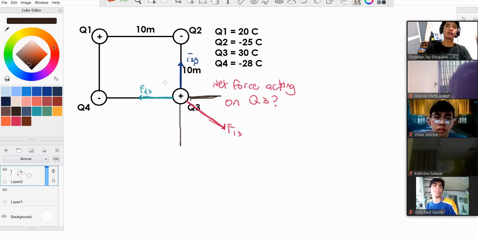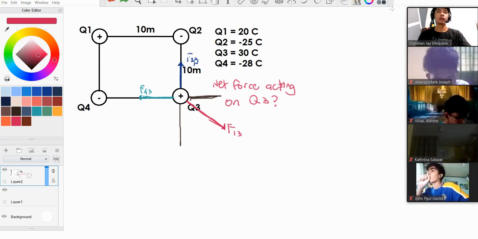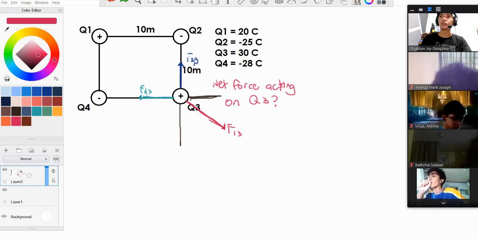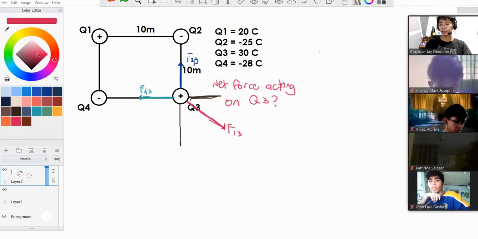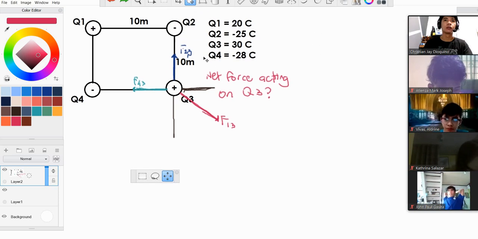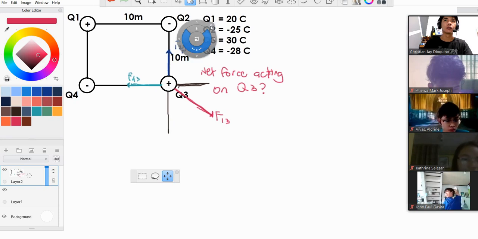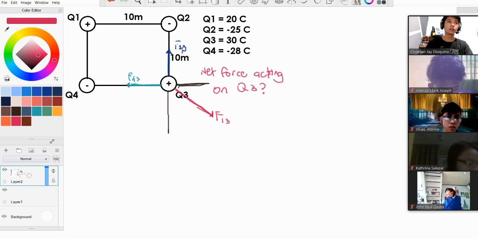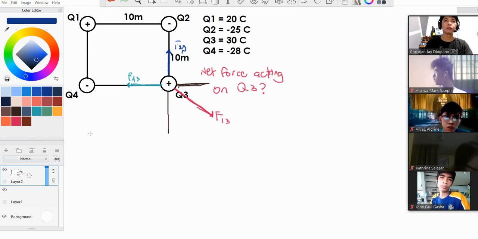Okay? Let's see kung correct tayo ng magiging sagot. So, isa-isahin muna natin. Okay, so electrostatic forces, let's have F23 muna.